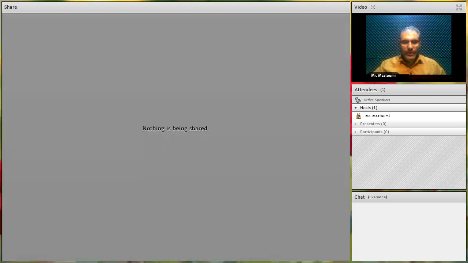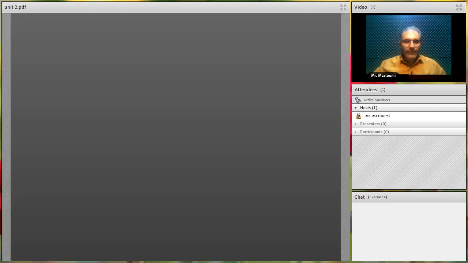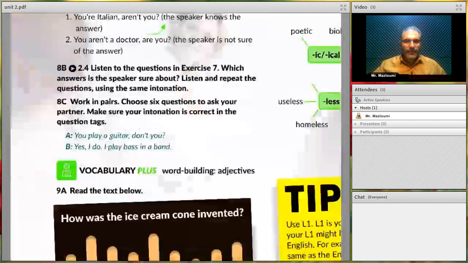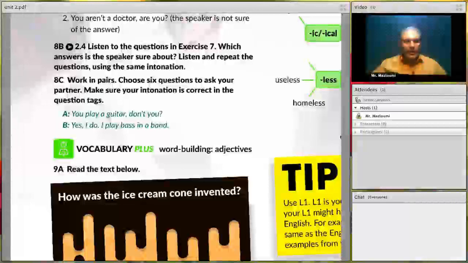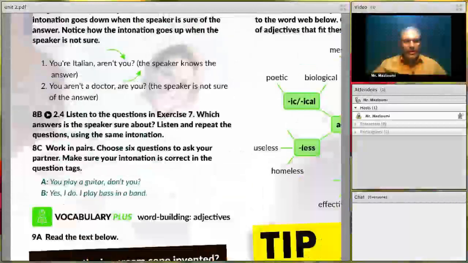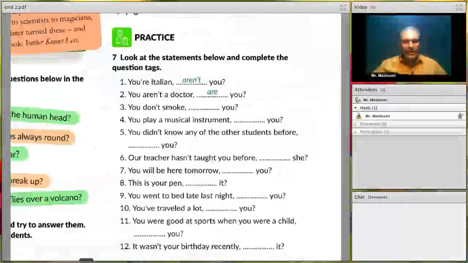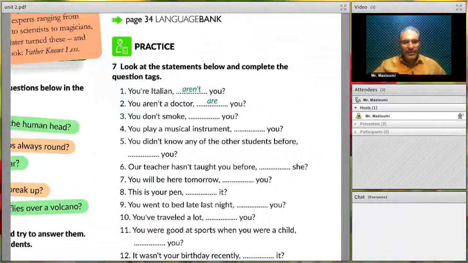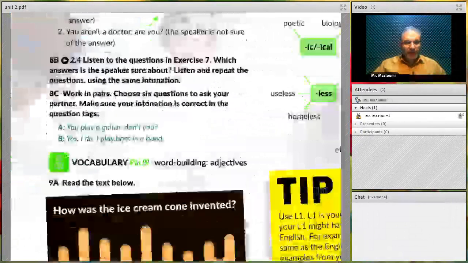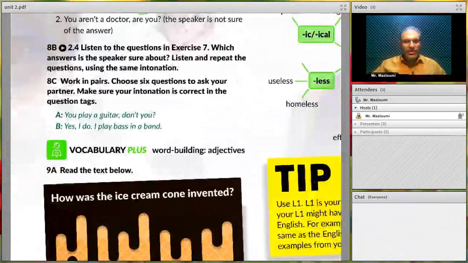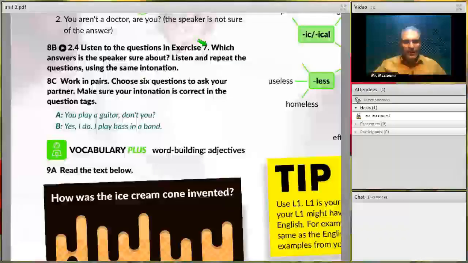Okay, so rising and falling intonation. Thank you. 8B, listening 2.4. Listen to the questions in exercise 7. Yes, these statements, everyone, the statements here. So, listen to the questions in exercise 7.